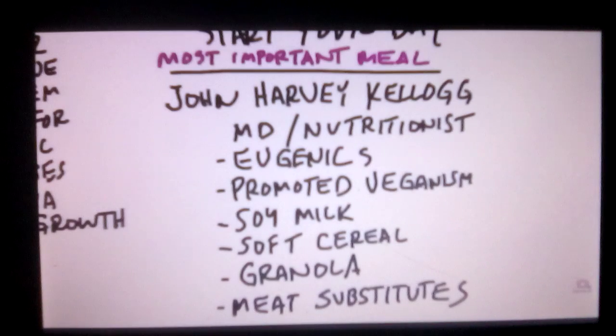Now, this whole cereal started with John Harvey Kellogg. He was an MD and a nutritionist. He promoted vegetarianism. He was the guy that really started the trend on soy milk, granola, meat substitutes. He was also into some other weird stuff called eugenics. Eugenics is a belief and practice involving improving the genetic quality of humans.